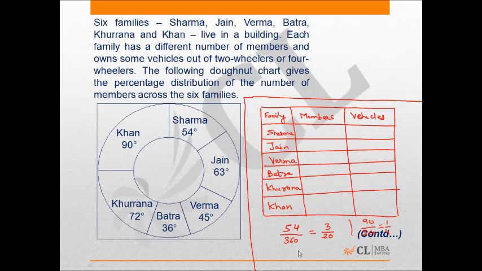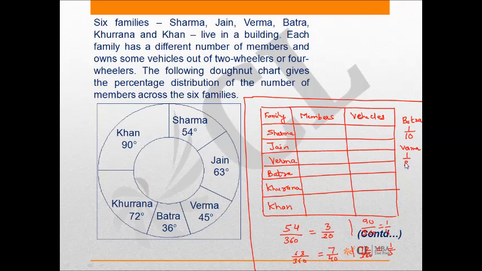For Jan, that would be 63 by 360, which is 7 by 40. For the Khuranas, it would be 72 by 360, which is 1/5. For the Batras, it would be 1/10, that is 36 by 360. And for the Varma, it would be 45 by 360, which is 1/8.